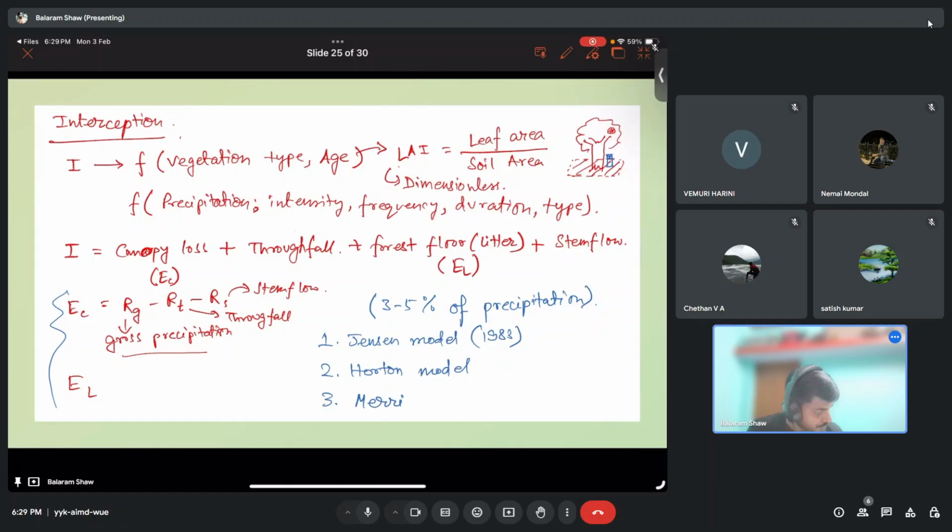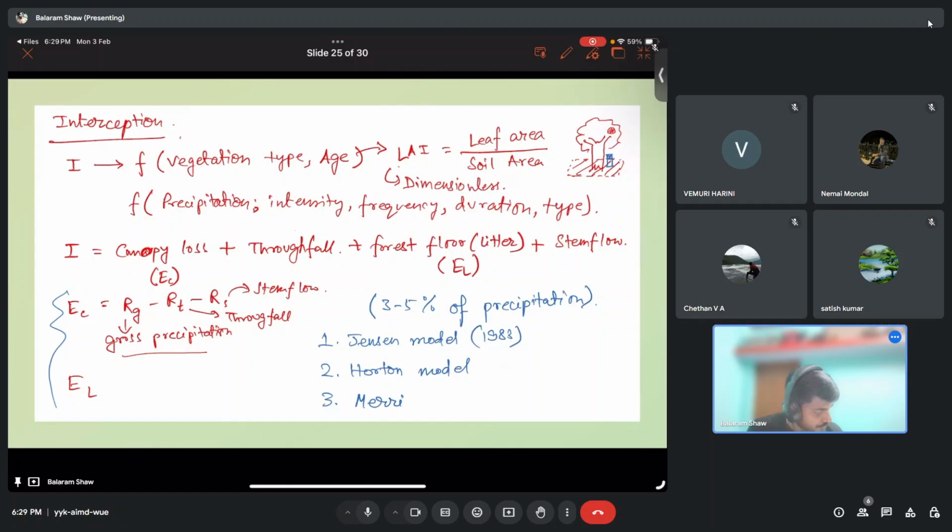Okay, so in this, what is happening? The water remains trapped in the depression, and as I said, some will be evaporated and some will go as groundwater flow or base flow. Again, it can be estimated using the hydrological budget equation, the water budget equation.